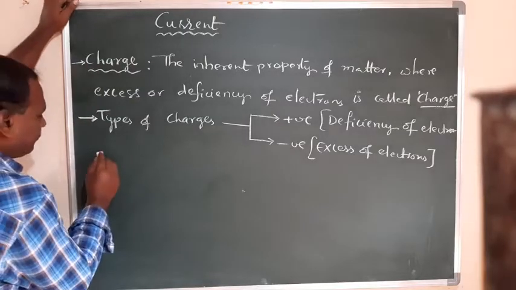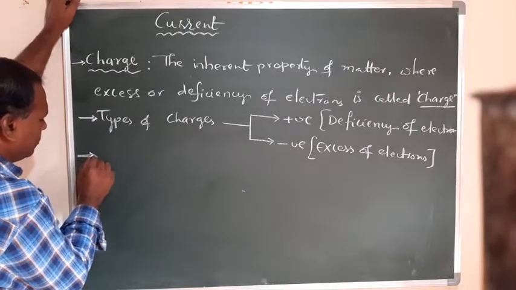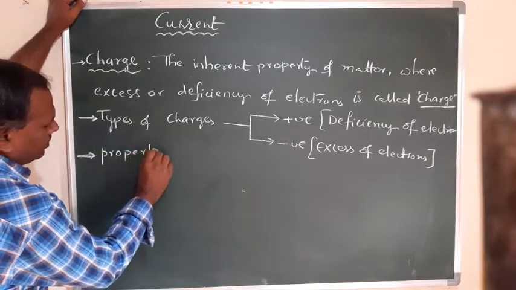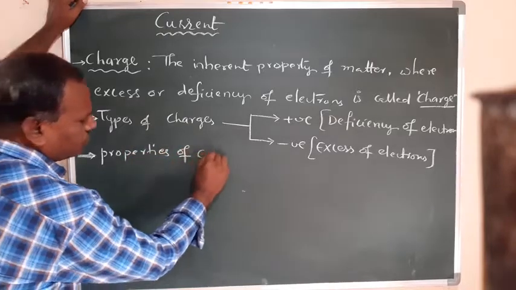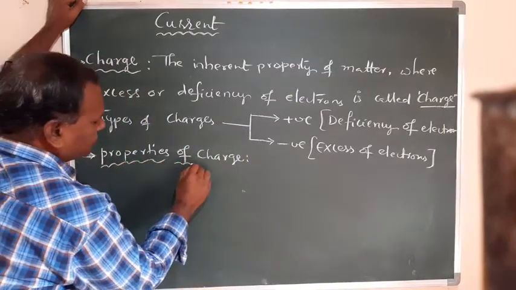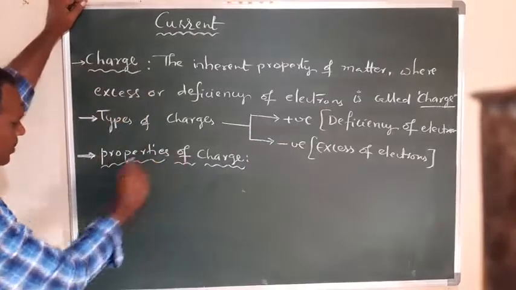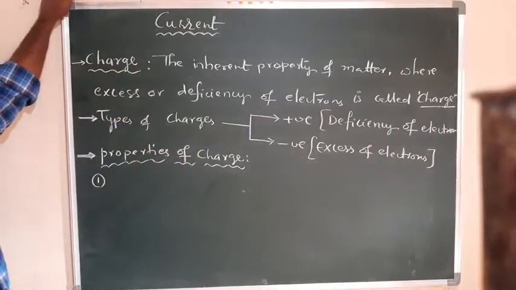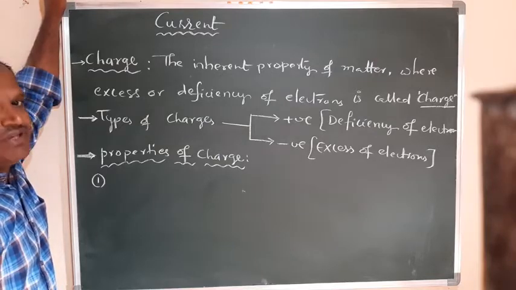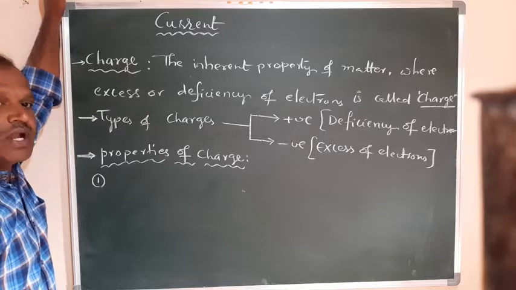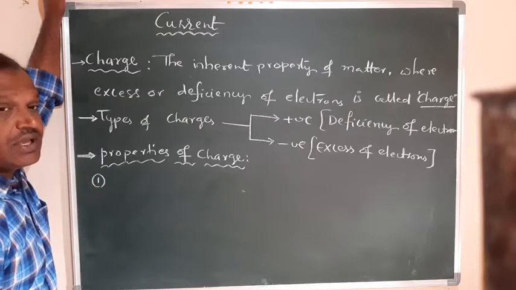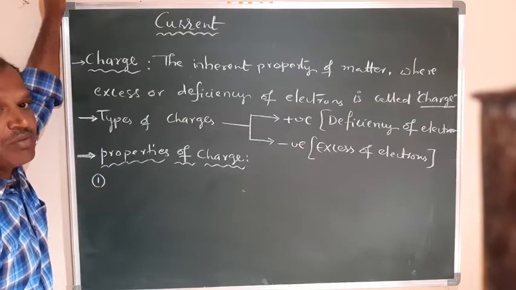And here, properties of charge, which is important. What are the properties possessed by any charge? The first one: charge is additive in nature, and that additive nature gives a property called scalar quantity.